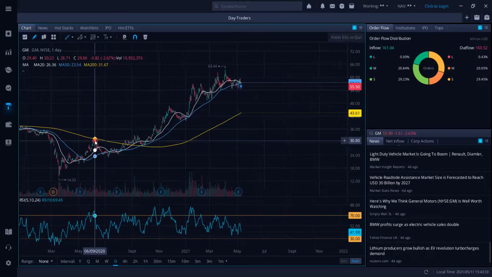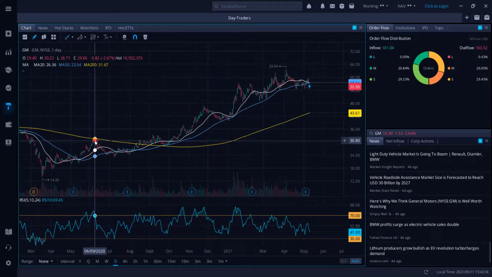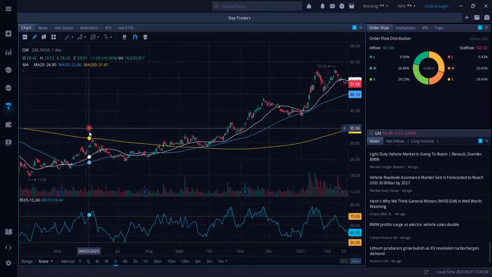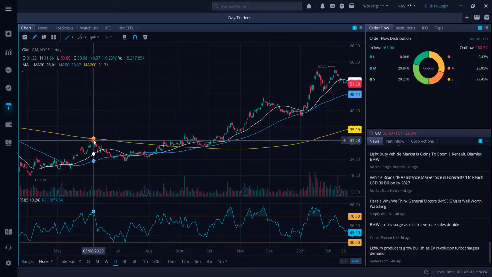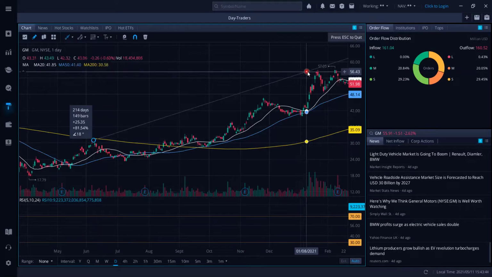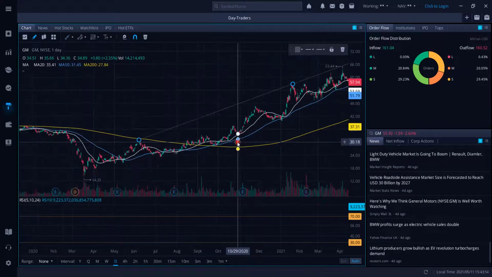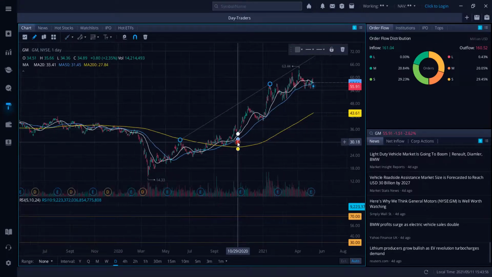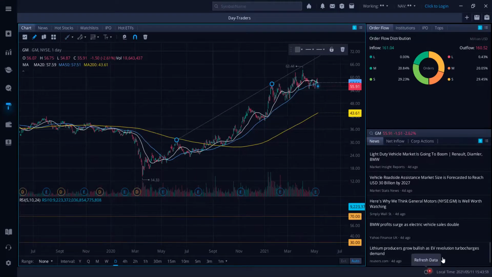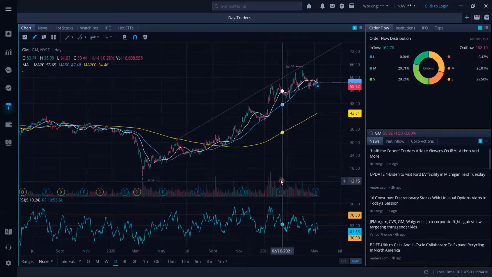So I'm gonna set my first point of resistance right here at this point, and I'm going to set it with this one right here. Now as you can see, we can't necessarily see the rest of what's going on here. Hold on, let's reset a little bit here.